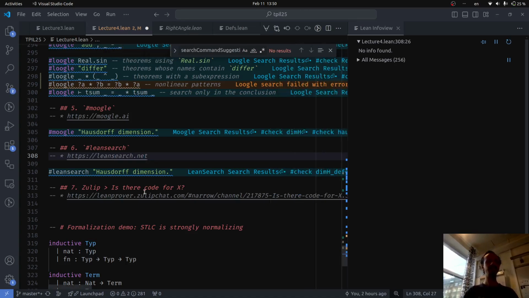All right, and then the last method I want to mention is you can ask people, because people are also good at finding things. Especially if you have a larger scale question, like who's working on X or Y, or if you're trying to find things that aren't even in mathlib but are partially on a PR pathway to get into mathlib.